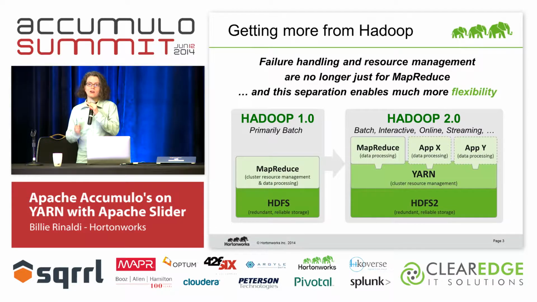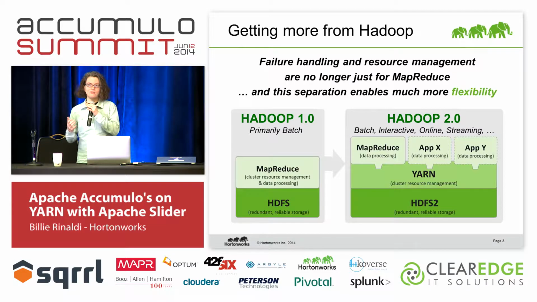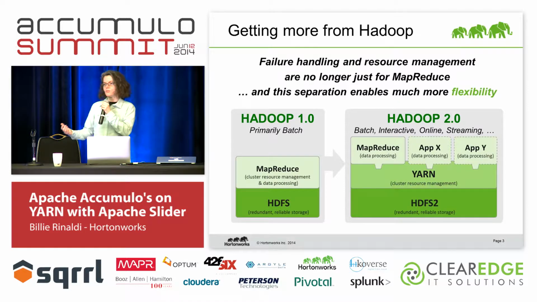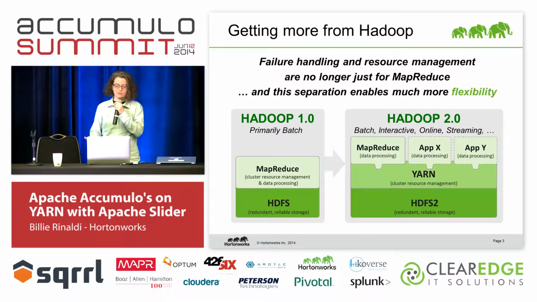So you had to carve out a specific set of your resources and reduce the resources that MapReduce was allowed to manage. In Hadoop 2, that resource management piece is split out from MapReduce. It's its own layer called Yarn, and MapReduce uses it for its resource management, and now other apps can take advantage of that as well.